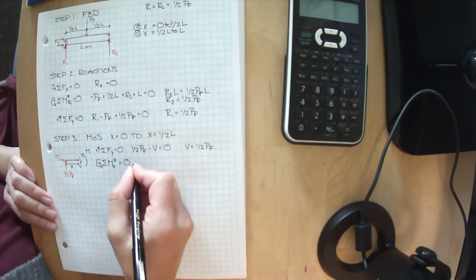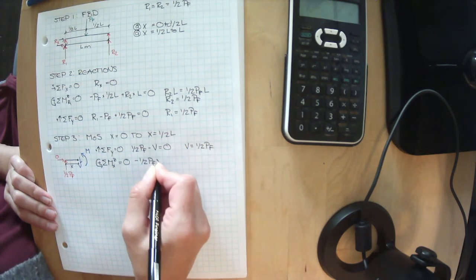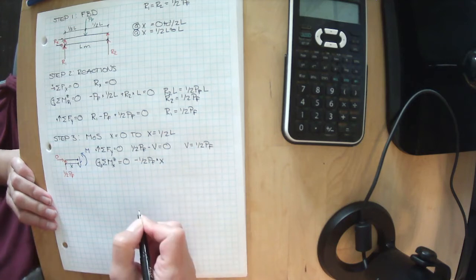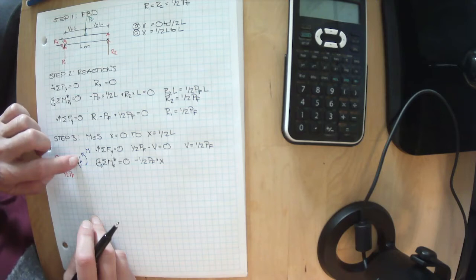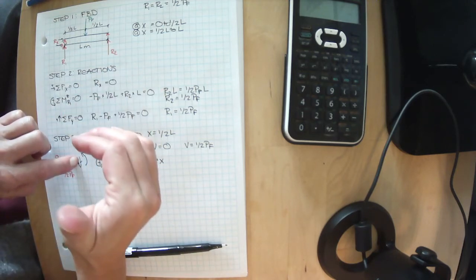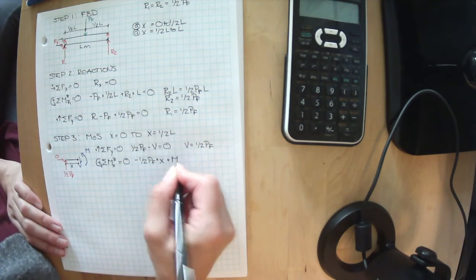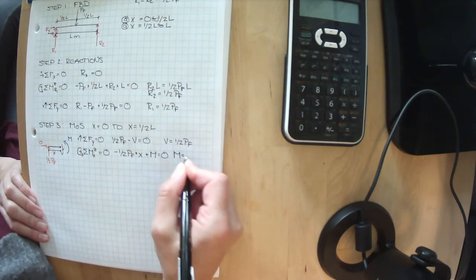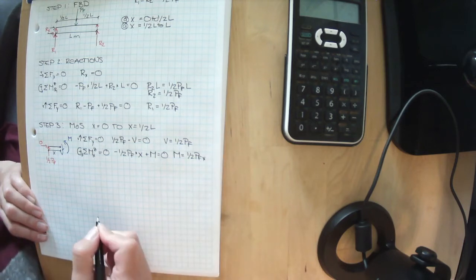So we've got minus 1/2 PF times our unknown distance X. V passes through the node that we're spinning it about, so it doesn't cause it to spin. M does. We curl our fingers of our right hands. Our thumb is upward, so it's positive. We rearrange this. M equals 1/2 PFX.